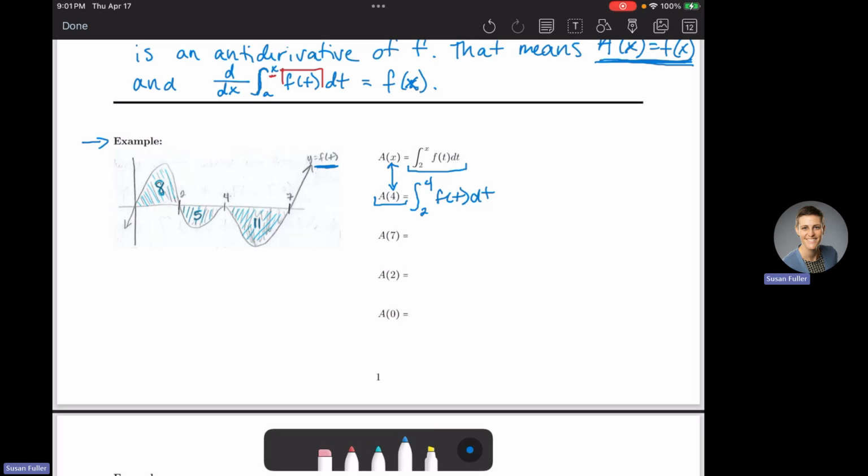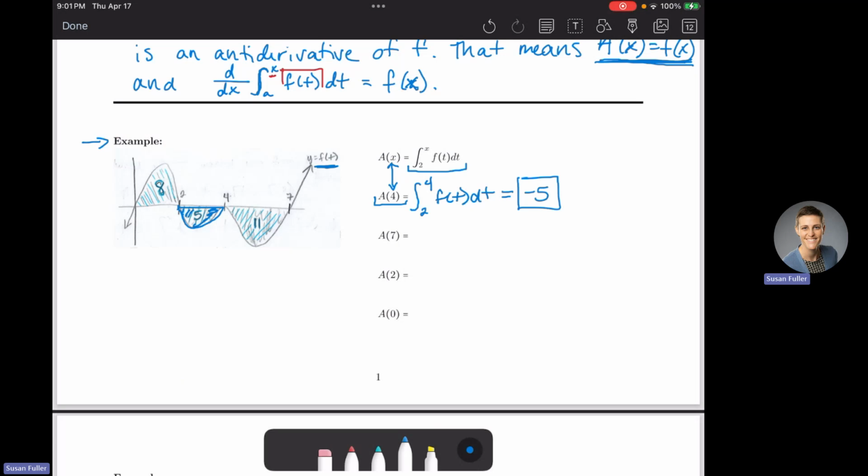Well, we know how to do this. We've done this before. This is the area underneath my function from x equals 2 to x equals 4. From 2 to 4, it's this area down here, which is 5. And because that area is below the x-axis, we're going to get signed area, which here is -5.